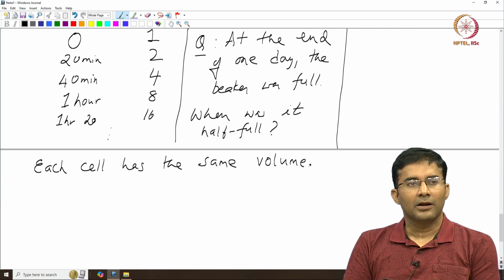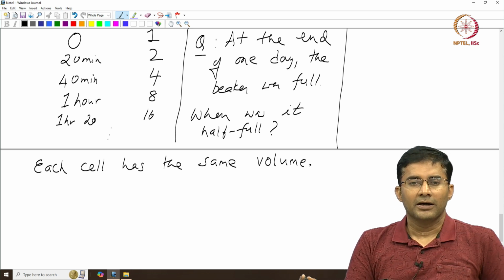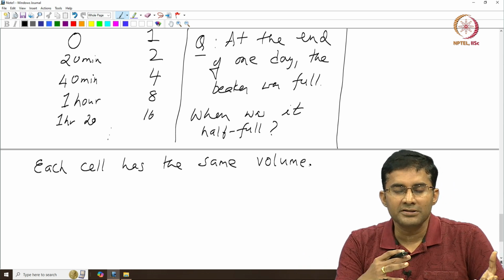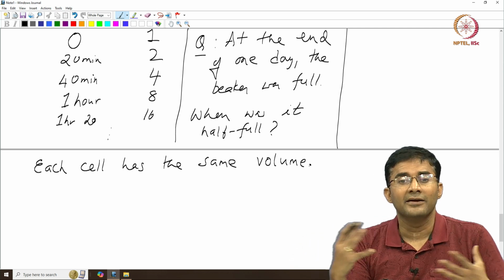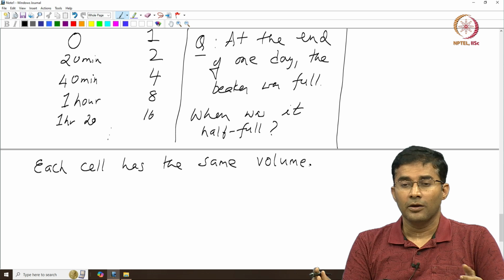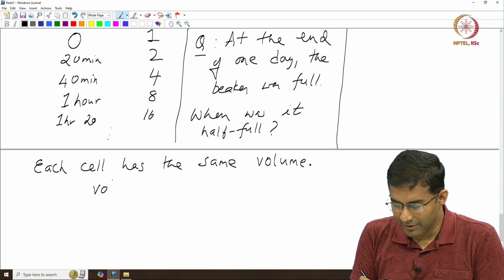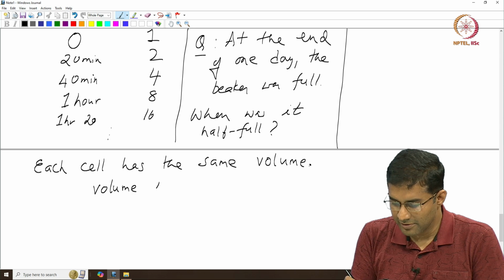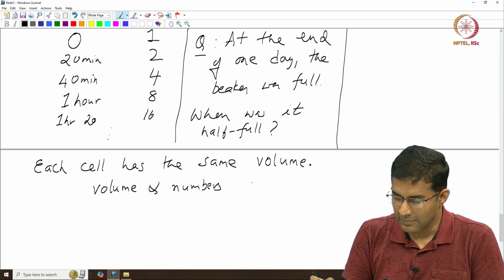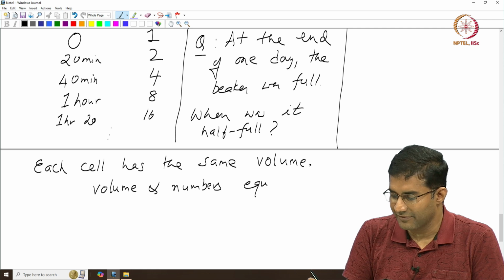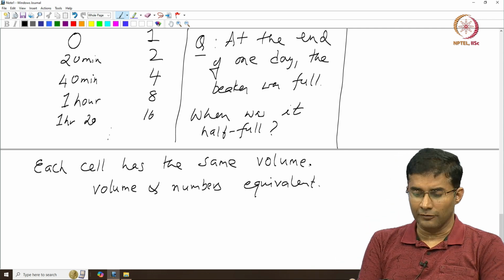If each cell has the same volume, we can treat the number of cells and the volume that these cells occupy interchangeably, or as equivalent, in the sense of finding out when the beaker was full.